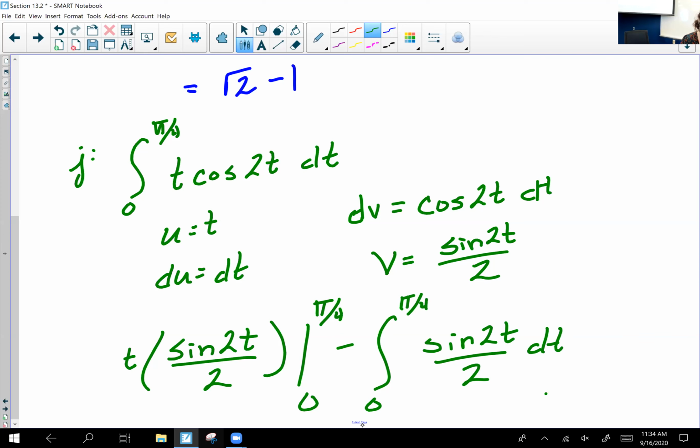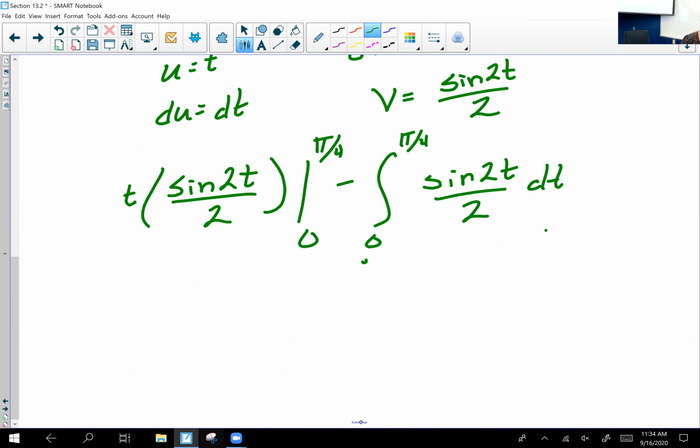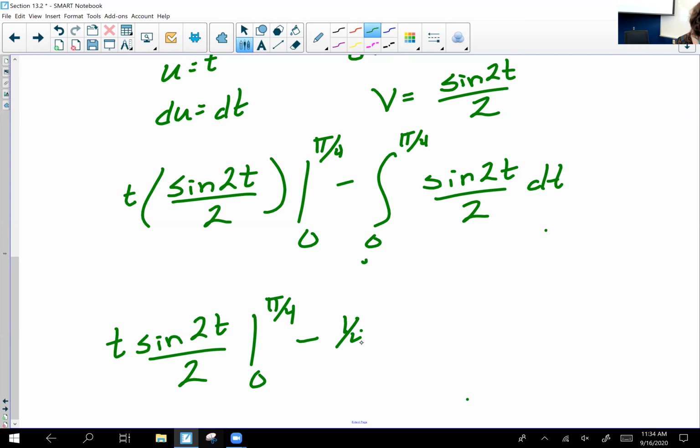All right, so this is going to end up evaluated 0 to pi over 4 minus 1/4 cosine of 2t evaluated from 0 to pi over 4.